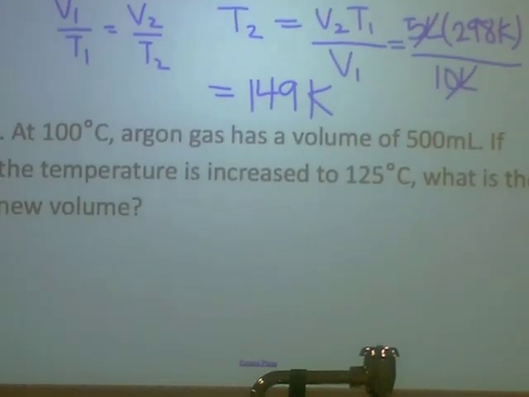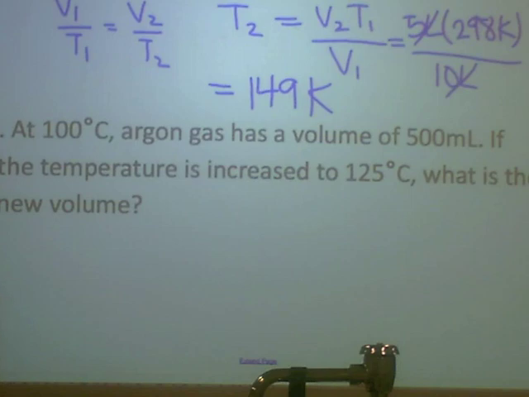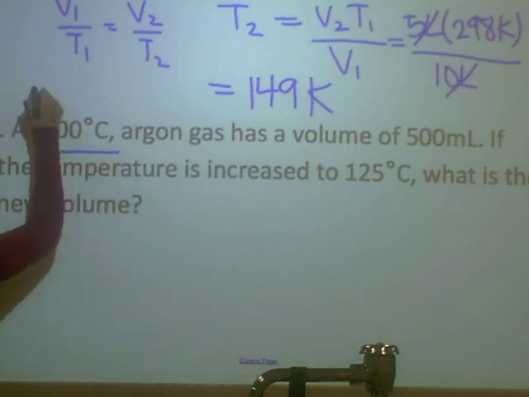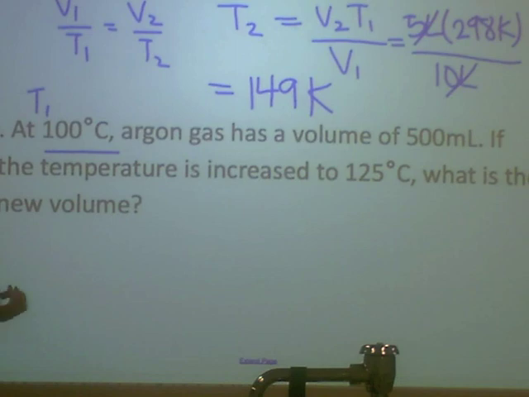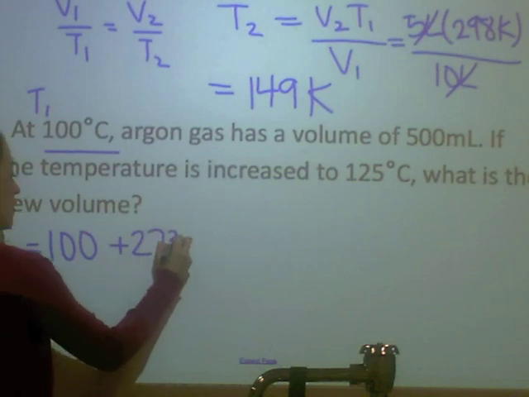Alright, at 100 degrees Celsius, argon gas has a volume of 500 milliliters. If the temperature is increased to 125 Celsius, what is the new volume? Remember, with gas law problems, you must convert everything into Kelvin. So that's the very first thing I'm going to do. This is my initial temperature. When I convert to Kelvin, I take my degrees Celsius and add 273.